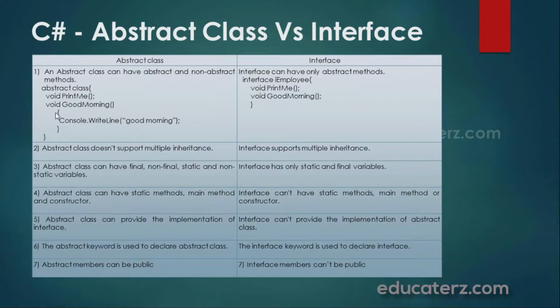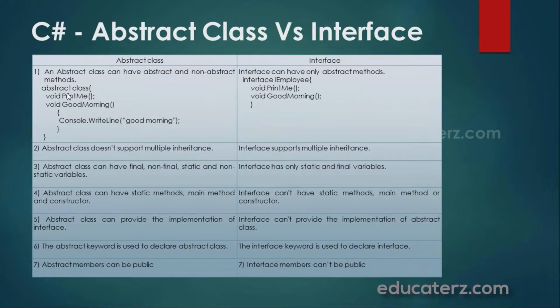So if you don't have non-abstract methods, the abstract class also becomes like an interface. What I mean to say is, if I have an abstract class and instead of this implementation for the good morning method, we have only void good morning, then abstract class can also become like an interface. So there will be no difference.